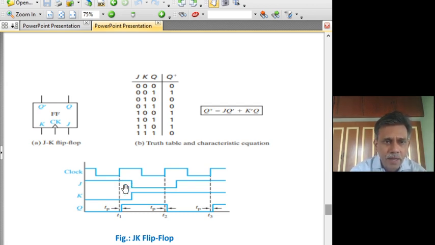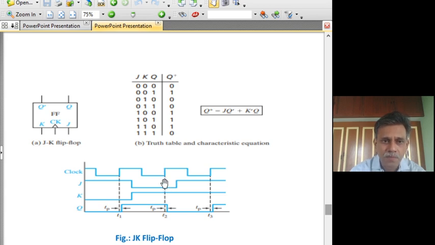Next, let us say J and K values change. But again, all these will not have any effect until the next transition comes. During this time the master changes, but the change is reflected to the slave only during the following positive edge.